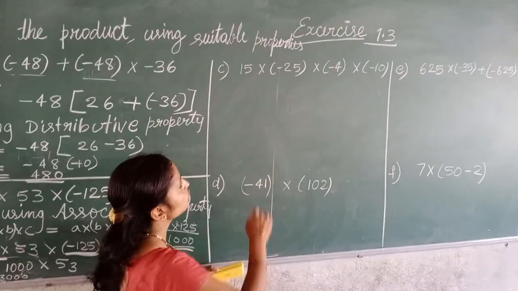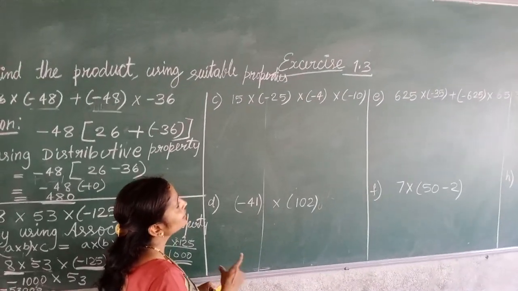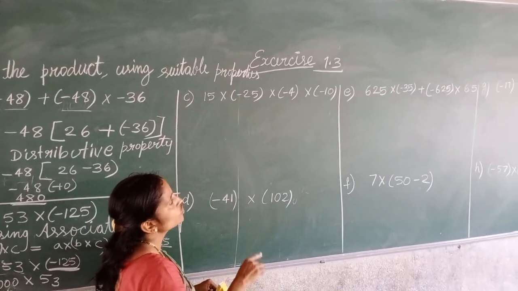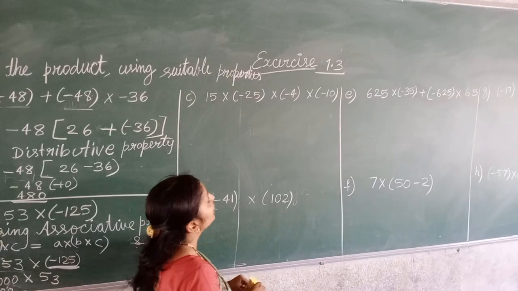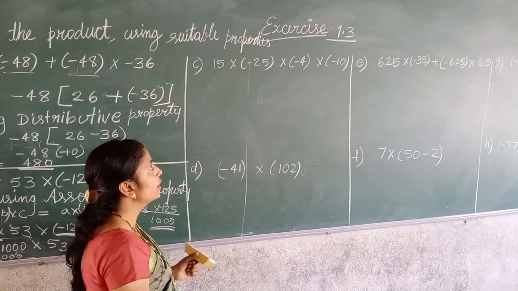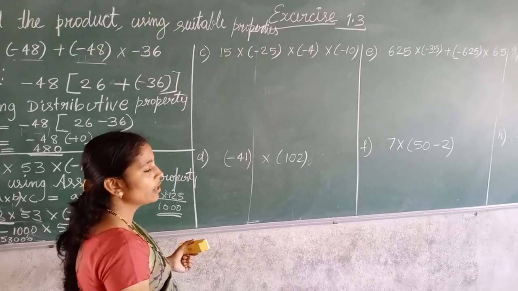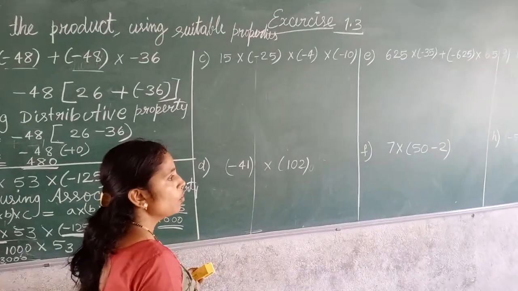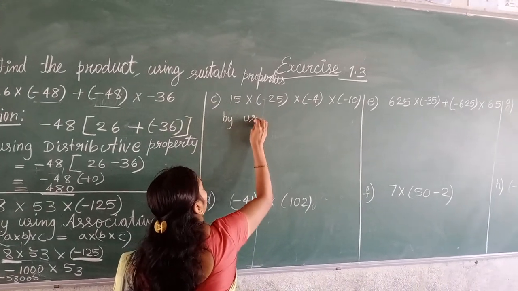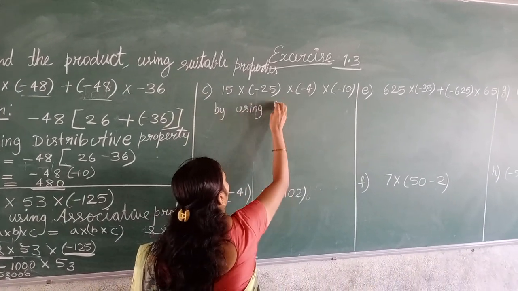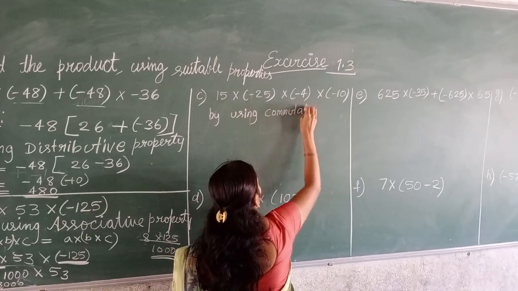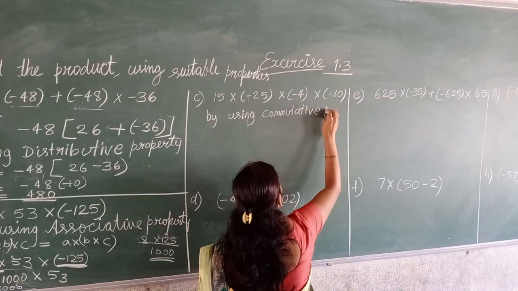Here also you observe that minus 10, everywhere it is multiplication only. So how will you do it? By using the commutative property, A into B. There is no condition that you have to use only two integers; it might be more than 2 also.